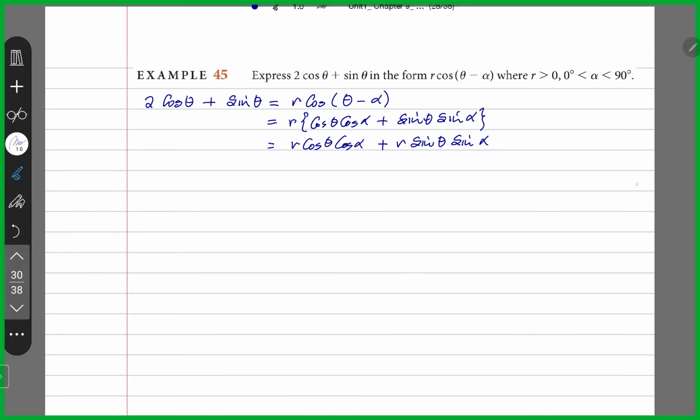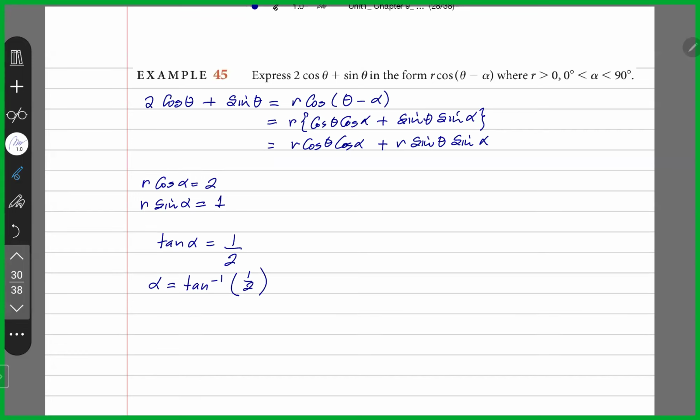Now equating coefficients, I'm going to get R cos alpha is equal to 2, and R sine alpha is equal to 1. If I divide R sine alpha by R cos alpha, I'm going to get tan alpha, because the R's are going to cancel, is equal to 1 over 2, and alpha would be equal to tan inverse a half.